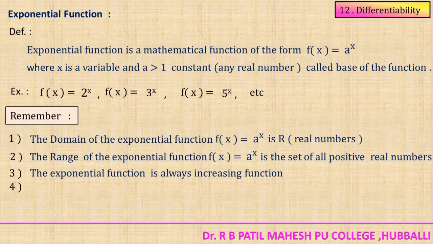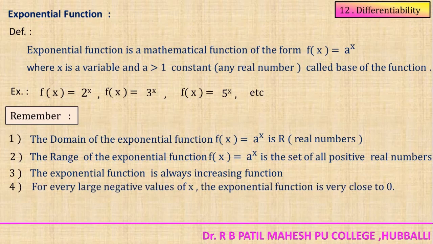Okay, so the next point is, for very large negative values of x, the exponential function is very close to 0. If you take very large negative values of x, for example minus 1 lakh, or any very large negative number, then the function value becomes very small, like 0.000 something.